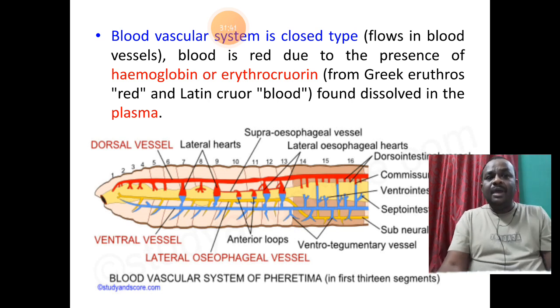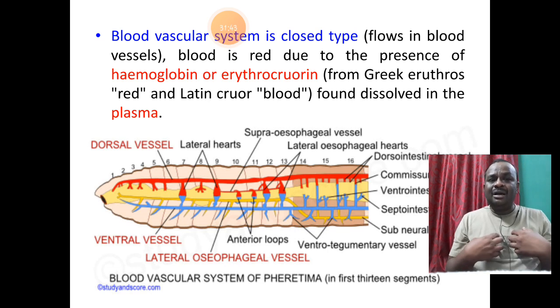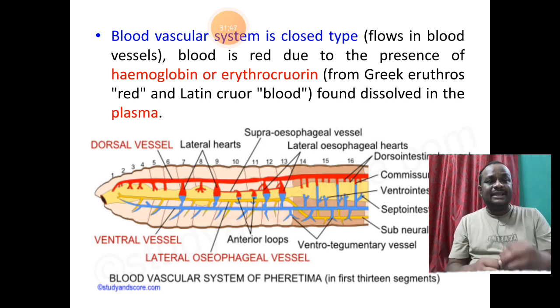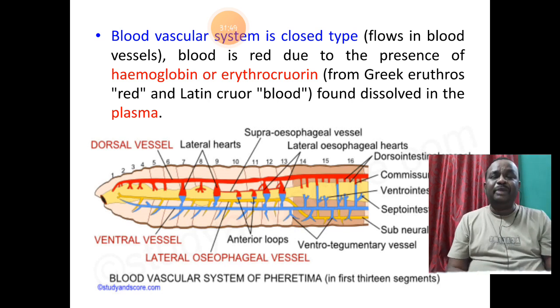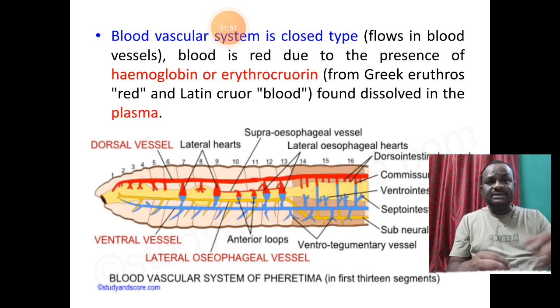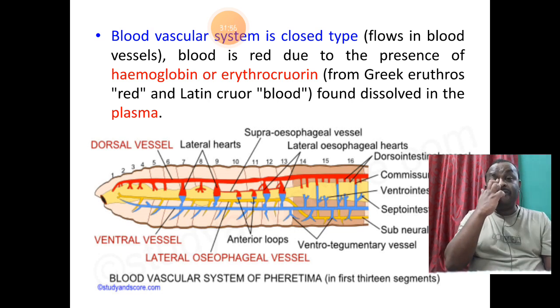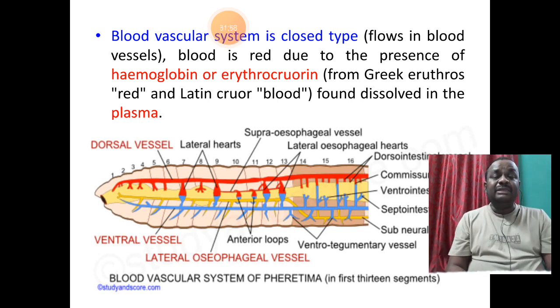Students, remember, in human blood, the RBCs contain the hemoglobin pigment, whereas the plasma is colorless. In earthworms, the blood plasma contains the pigment, because of which the blood appears reddish. So the pigment is called hemoglobin.